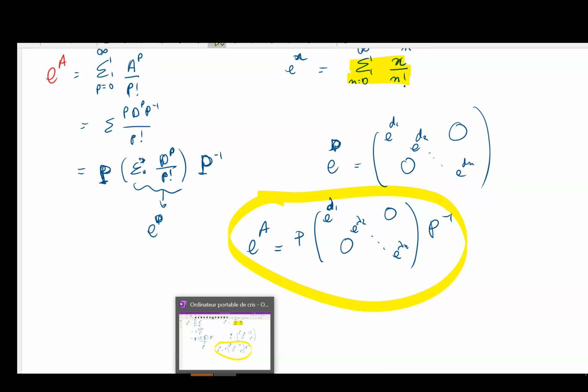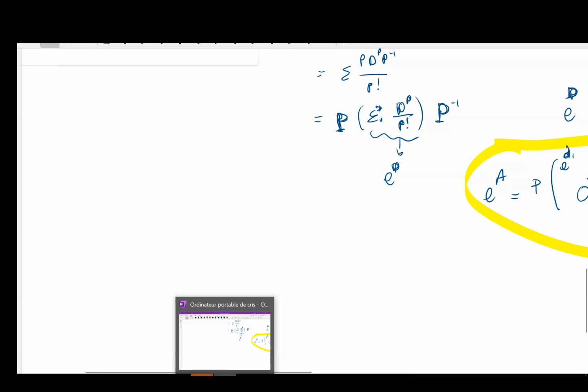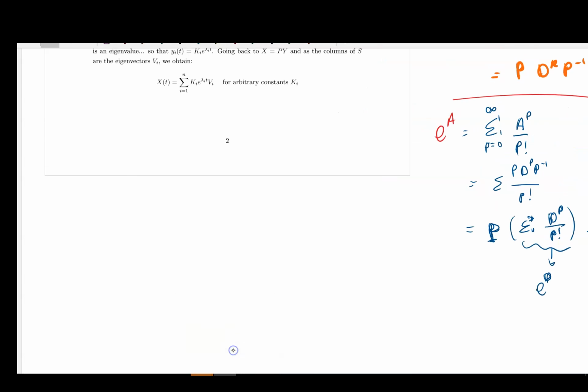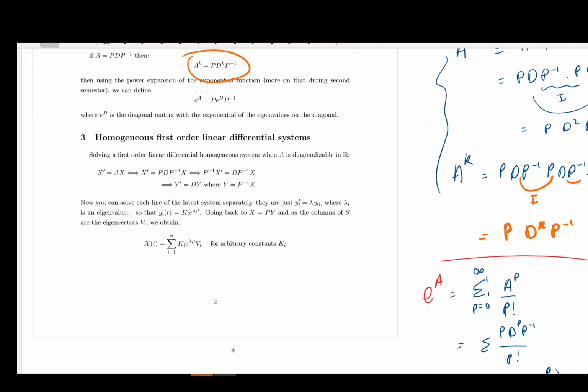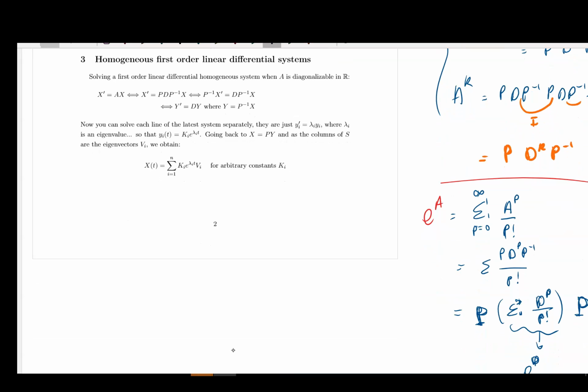All right, next huge application: homogeneous first-order linear differential systems. What do we mean by this? You know what a linear differential equation of the first order is.